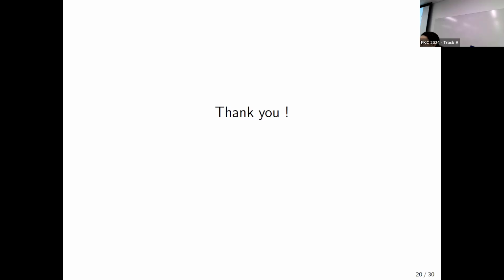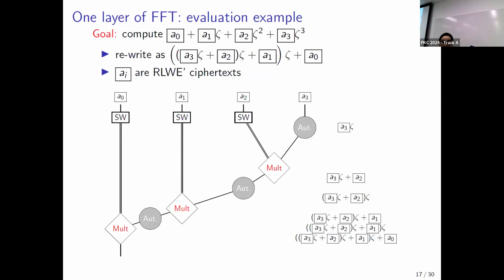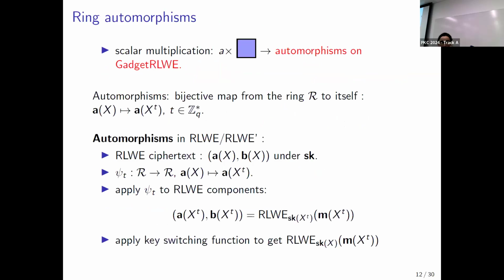Wait, so the question is, why don't we... so the scalar, let me go back. I might not have understood the question, but basically the scalar multiplication is a ring element A times a ciphertext, something encrypted, right? In order to do this, because we're working in the exponent, we can apply an automorphism. So it's kind of doing a homomorphic exponentiation. That's what's happening with scalar multiplication in the exponent.